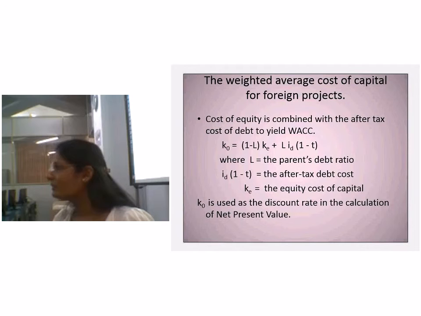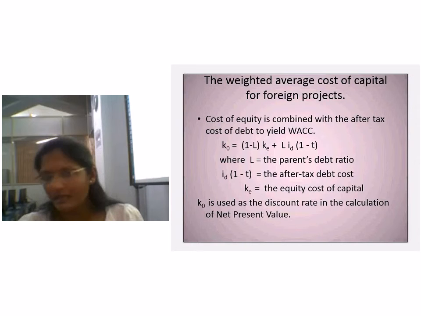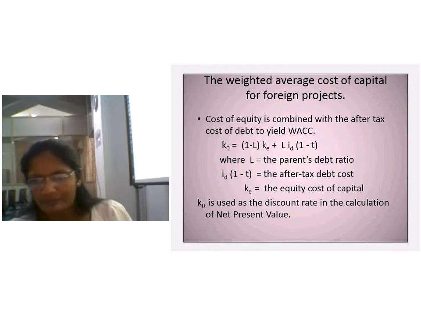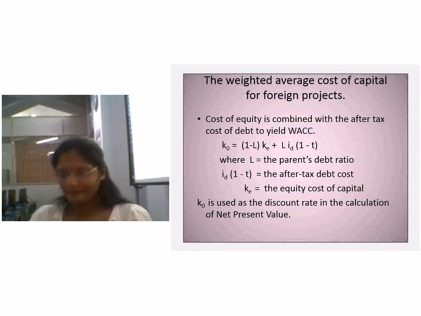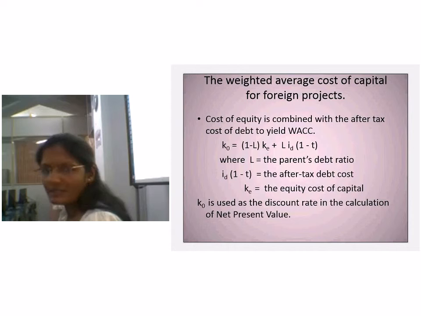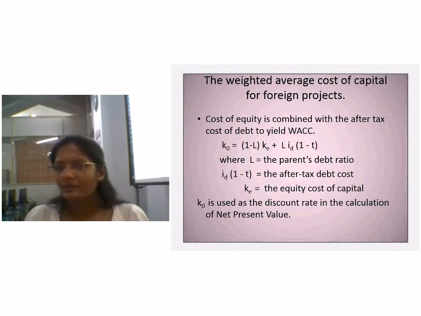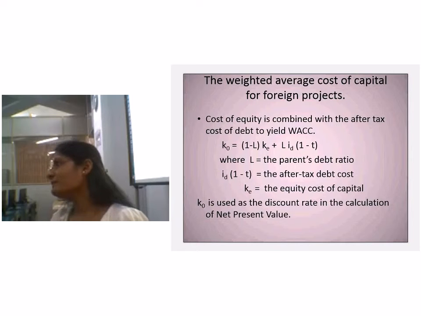What is L? L is the parent's debt ratio, right? Parent's debt ratio. It is given in the slide, right? That is true, right? Parent debt ratio. 1 minus L times KE, and L times Kd, the debt ratio times the cost of debt, times again 1 minus T. Yeah, in order to take the tax shield, right?